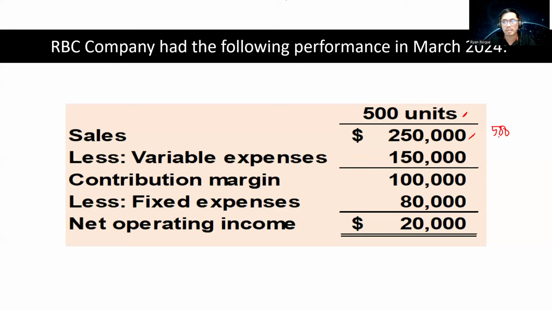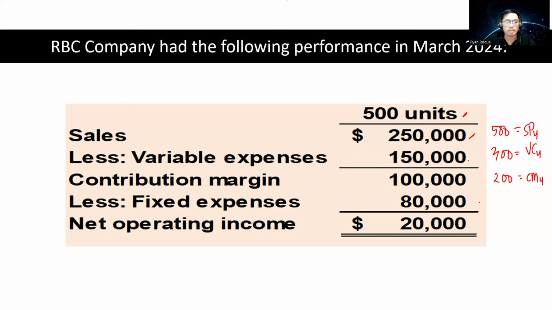That's 500. That is your SPU. We have variable expenses of 150,000, meaning the VCU is 150,000 divided by 500, or how much is that? That's 300. And then for contribution margin, we have 100,000, or 200 of CMU.